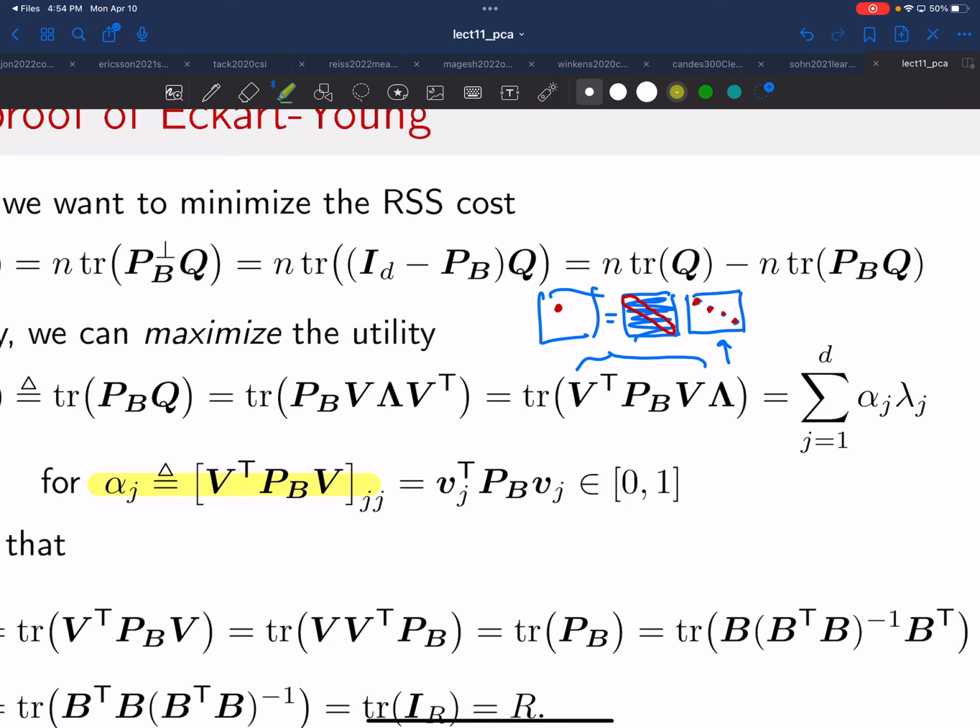Another thing we can use is when you look at these alpha j's, essentially, to compute, let's say, alpha j, you're going to take the jth column here, the jth row here, which is the same as this column, it's just flipped around, and you're going to multiply those with this in the middle.